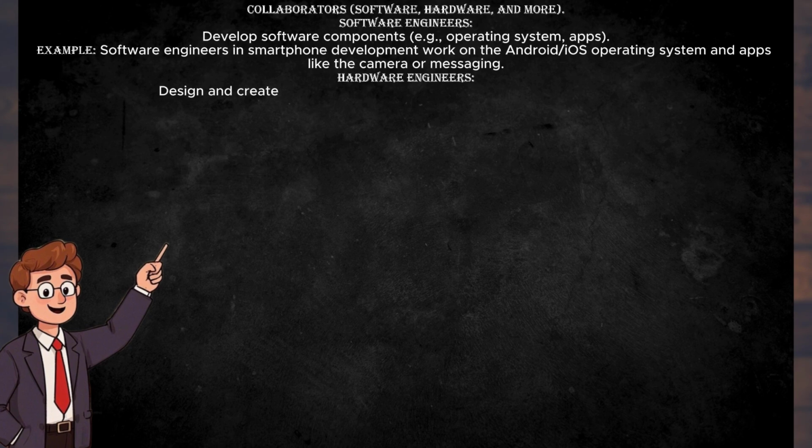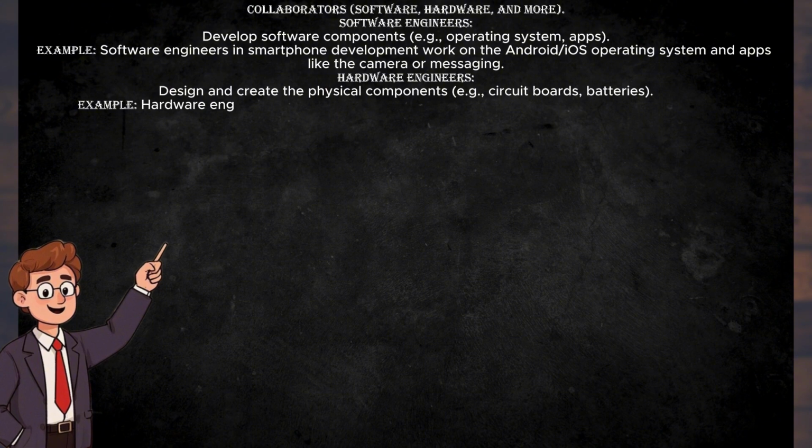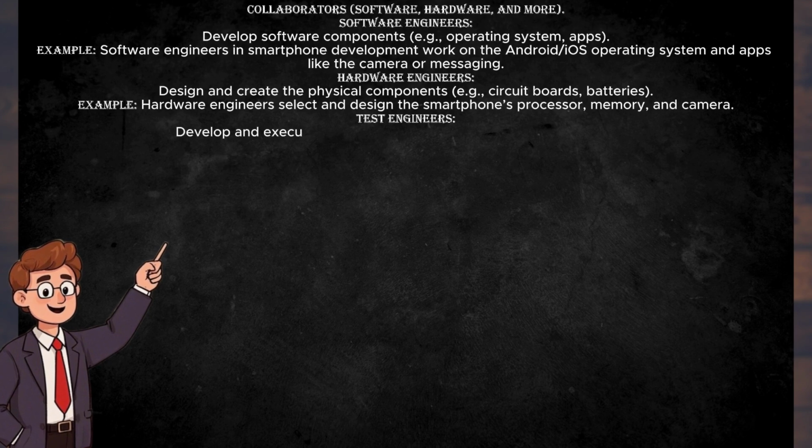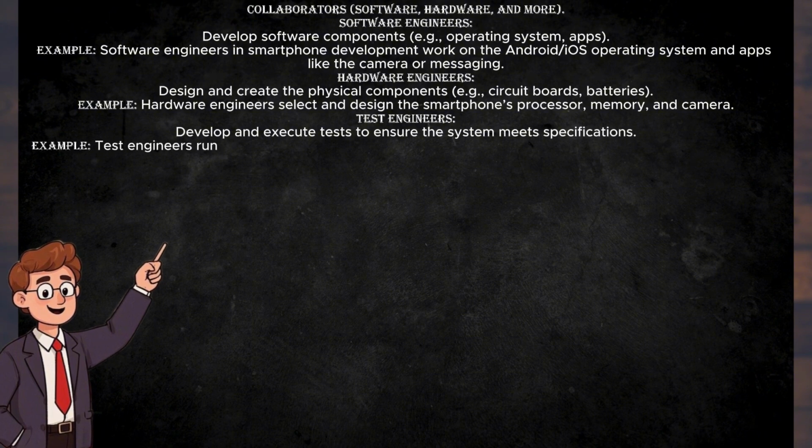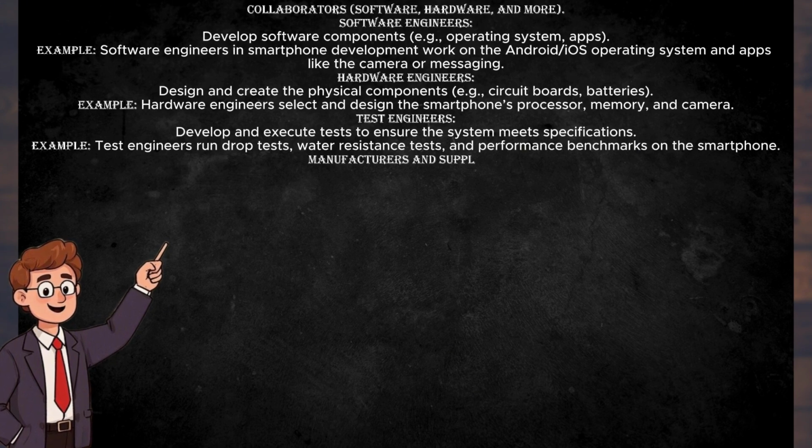Hardware engineers design and create the physical components, e.g., circuit boards, batteries. Example, hardware engineers select and design the smartphone's processor, memory, and camera. Test engineers develop and execute tests to ensure the system meets specifications. Example, test engineers run drop tests, water resistance tests, and performance benchmarks on the smartphone.